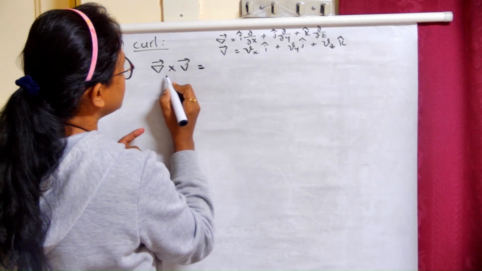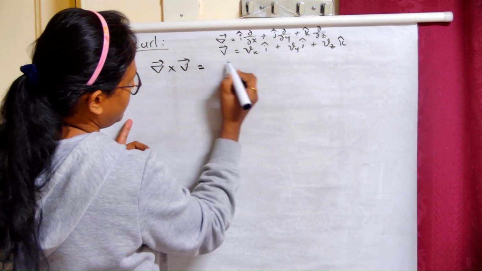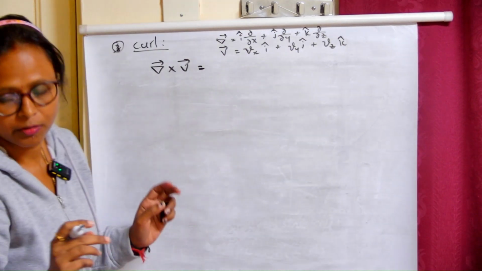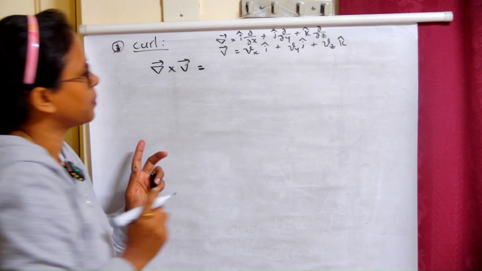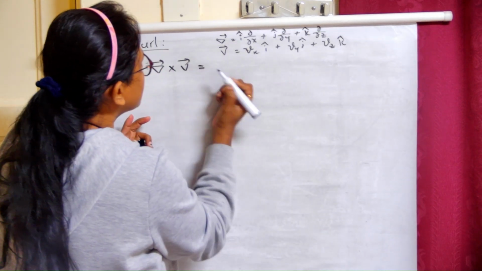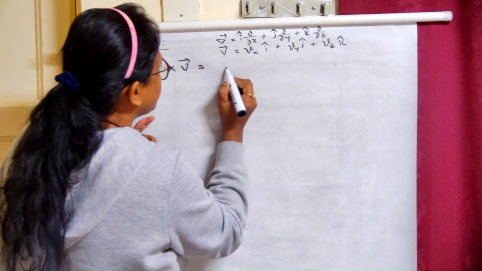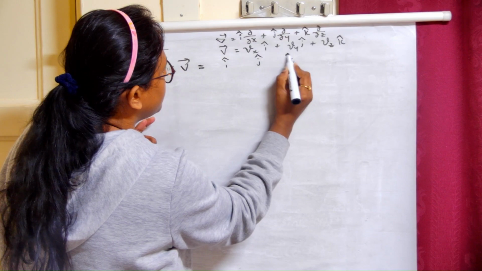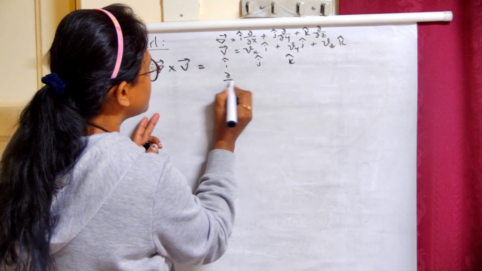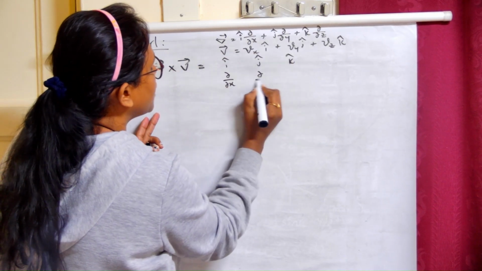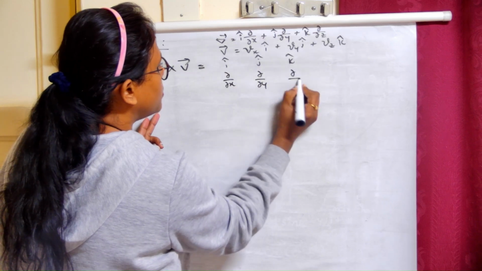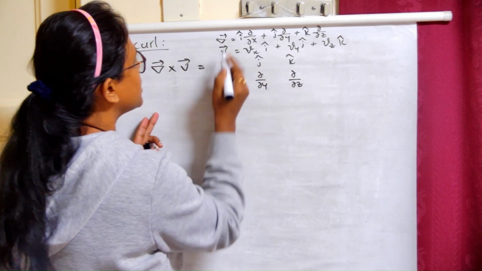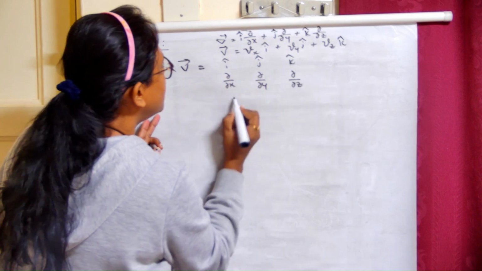Now let us write del bar cross v bar with respect to the cross product between two vectors. First we write i, j, k, and here comes dou by dou x, dou by dou y, dou by dou z, and the second operand is v bar.